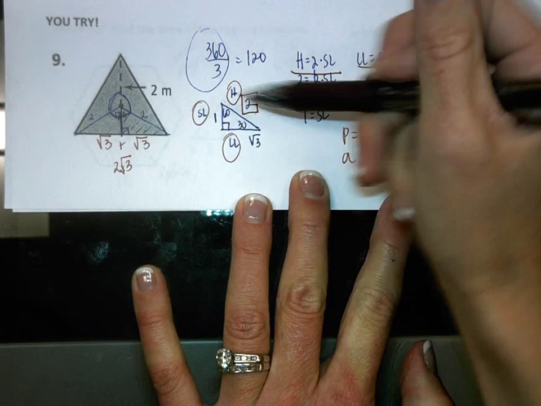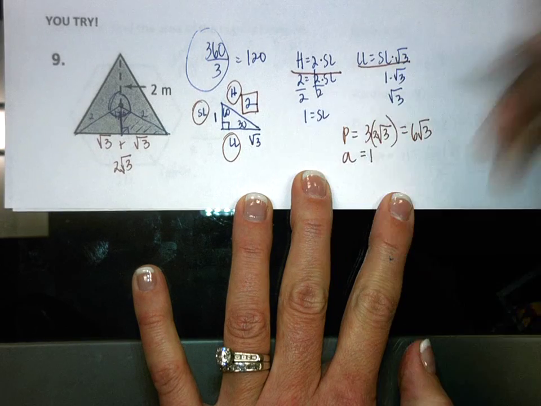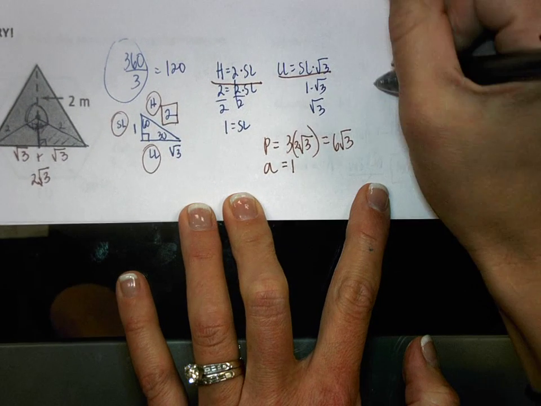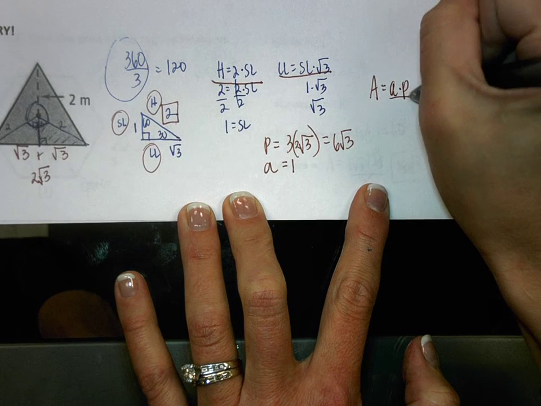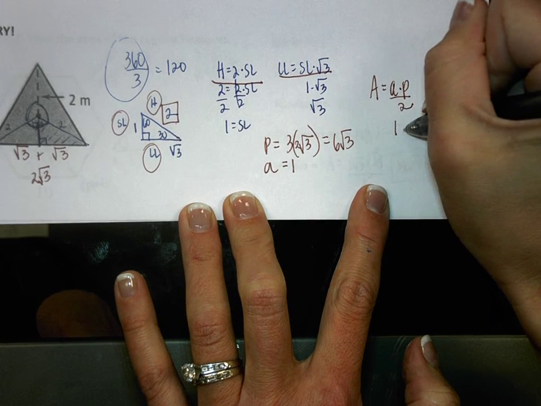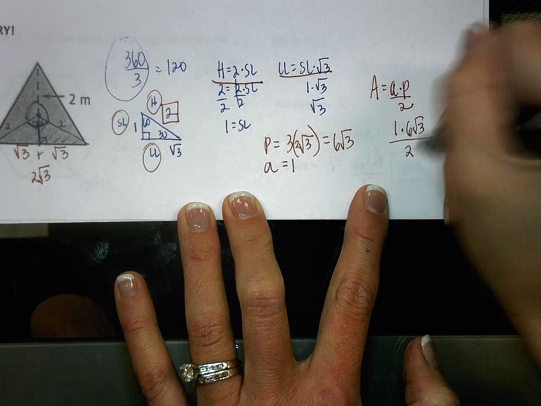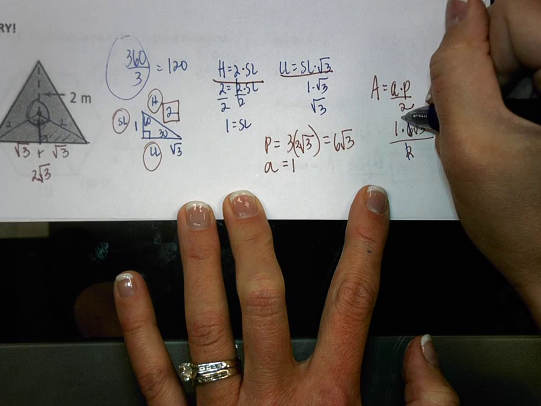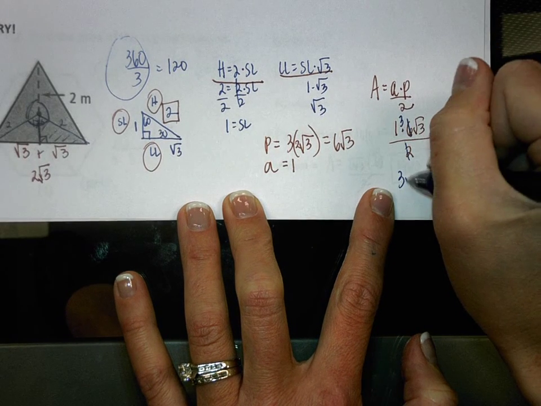And so in this case, my apothem is how much? 1. Very good. And so we end up plugging it into our area formula. And our area formula is apothem times perimeter divided by 2. So 1 times 6 root 3 divided by 2. Okay? The 2 and the 6 can reduce to 3, and 1 times 3 root 3 is just 3 root 3.